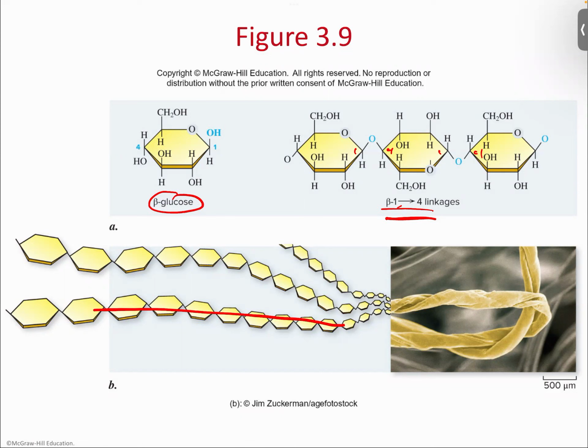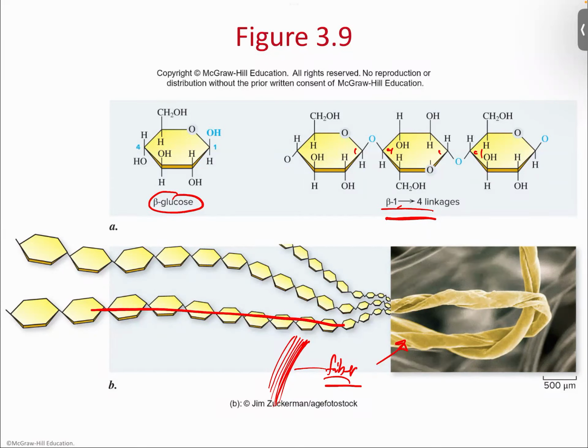Because you can pack these individual straight lines of cellulose together and create a nice rope-like fiber. And that's essentially what you're looking at here. This is a cellulose fiber that you see in a plant cell wall, and that's a scanning electron micrograph of the cellulose fiber. You can see it looks like a little rope, kind of like a little rawhide rope, which is actually a pretty strong, sturdy rope.